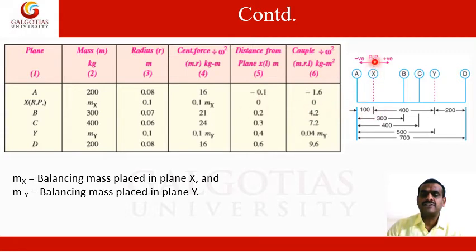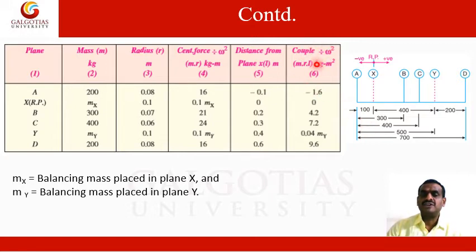Then at the reference plane position itself, X, we have 0 position. B mass is located 0.2 meter on the right hand side from X. Then C mass is located 0.3 meter from the right hand side of the X mass, and Y mass is located 0.4 meter away from the X plane, and D mass is located 0.6 meter from the reference plane, that is X.